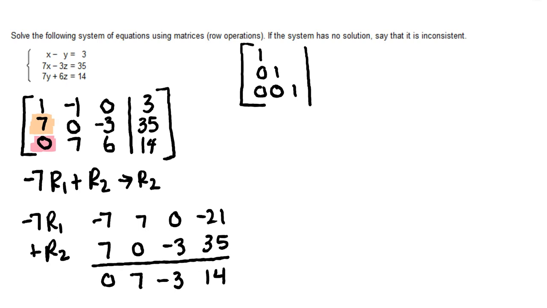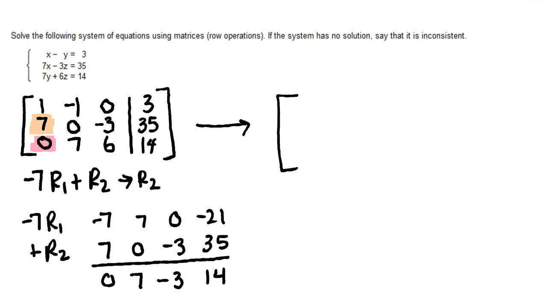So this is my new row 2. So my new system, the first row and the third row stay the same. And my second row becomes 0, 7, negative 3, and 14.